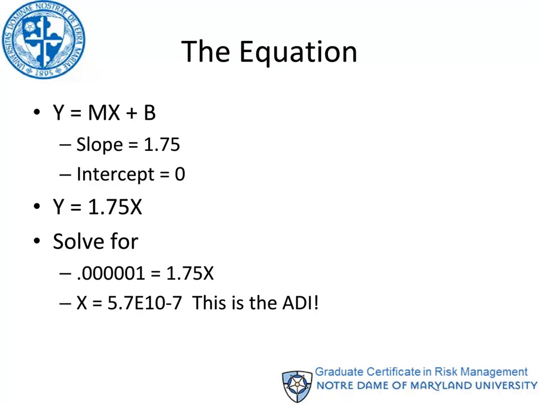So we have 1/1,000,000th equals 1.75x. If we solve for x, we get the amount of benzopyrene that causes 1 chance in a million of cancer. And that amount is 5.7 times 10 to the minus 7th. This is basically the acceptable daily intake, also known as the ADI.